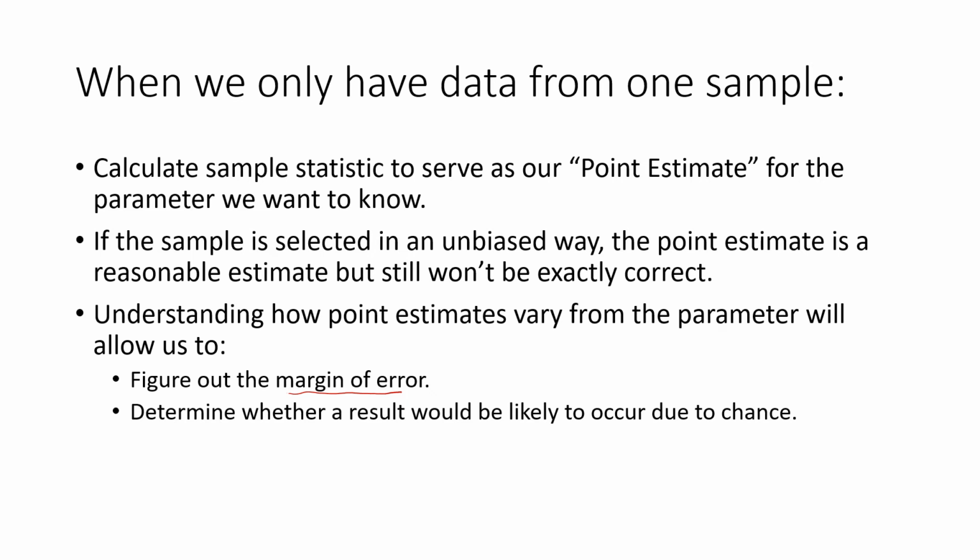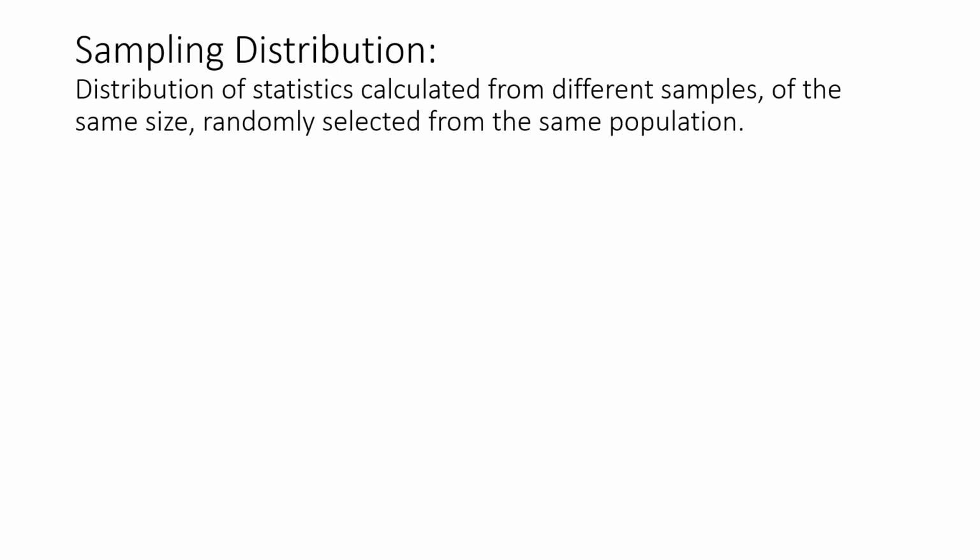Section 5.1 is going to focus a lot on describing the sampling distribution. The sampling distribution is just a distribution of statistics calculated from taking different samples of the same size, randomly selected from the same population.